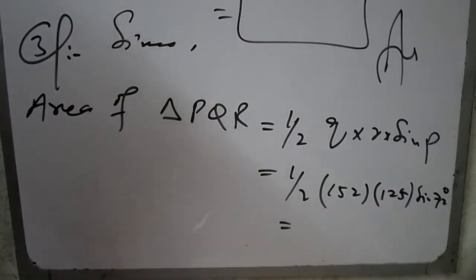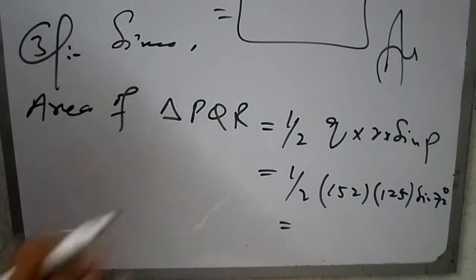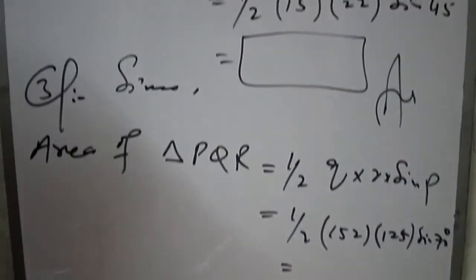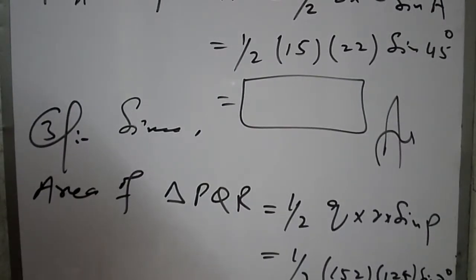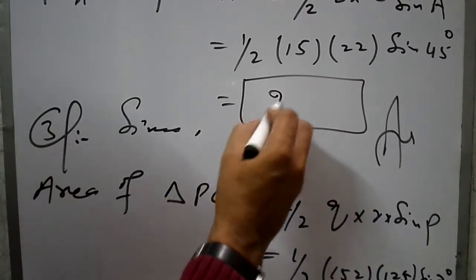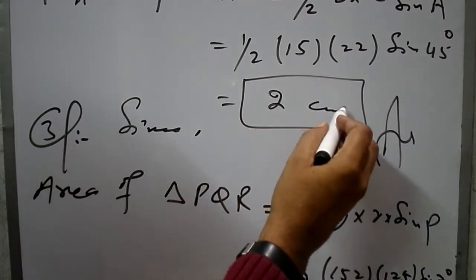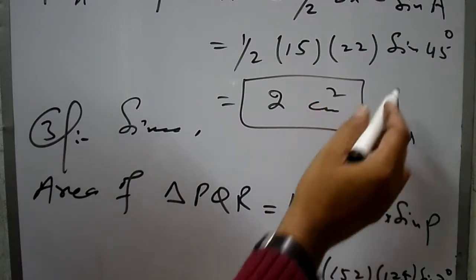For example, I have a calculator, so we can simplify it for your convenience. That is sine 45, which is equal to 0.707 multiplied by 22 multiplied by 15 divided by 2. You will get the result: area of triangle is 2. My calculator is giving these values, in centimeter square.